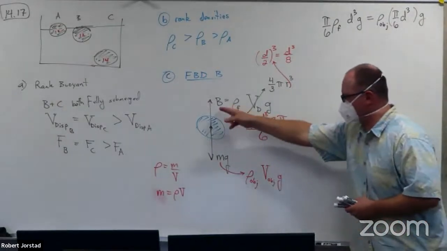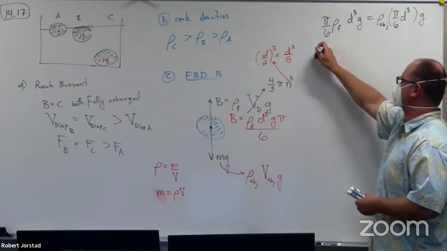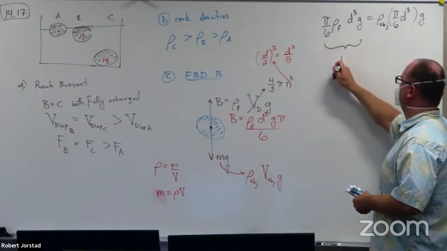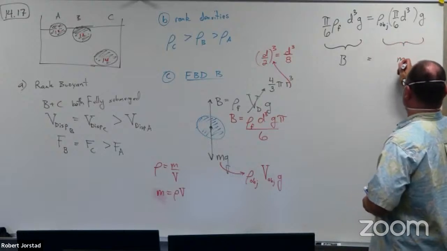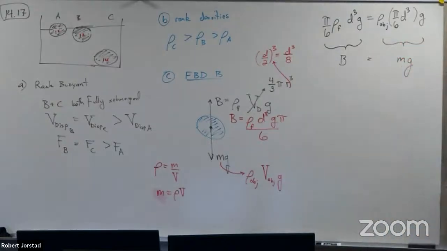We're saying the buoyant force equals mg. That's what I'm saying here, just so you can read this. The buoyant force is equal to mg. So in fluid problems, it's the same old thing, but it looks a little bit different because we're using density all the time.